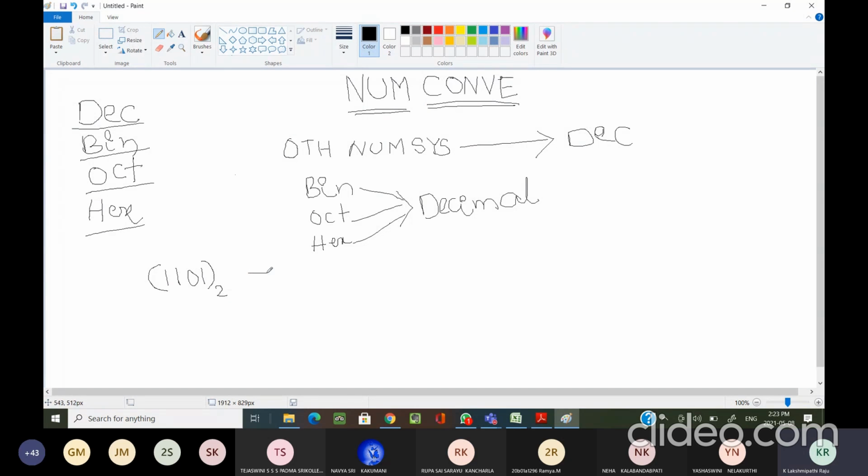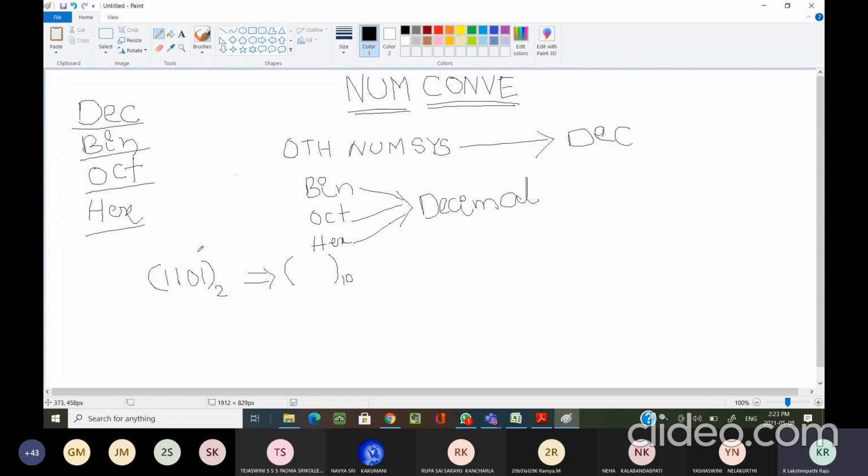Now we have to convert this into decimal. We know the destination base here, because we are converting binary into the decimal number system. As an initial step, as a starting problem, I want to explain each and every point. From the next problem onwards, I can directly do the calculations.